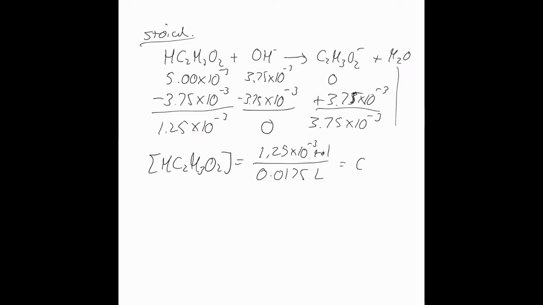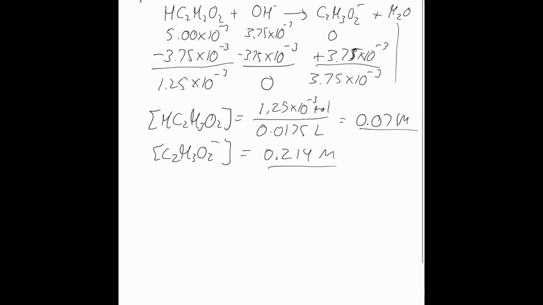And I get that that is 0.071 molar for our acetic acid concentration, and then our C2H3O2 minus, our acetate, is, sorry, this is not right. Let's erase this so it's a little more readable. It's 0.214 molar. So we have our two concentrations.